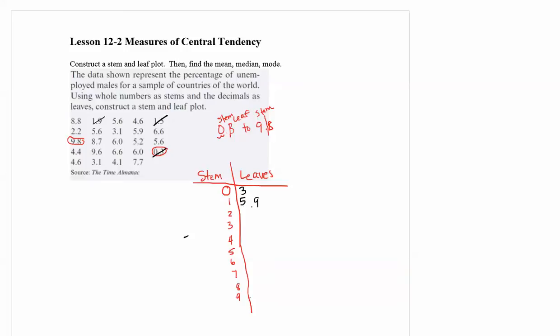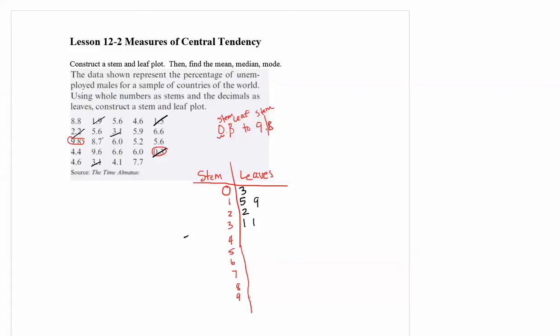Again, no decimals, no commas. Now I'm searching for 2 point something. I have a 2.2, and that's the only value there, so just put the leaf of 2. Now look for numbers with 3 point something, and we have 3.1, 3.1, and that's it. So that's a leaf of 1 and 1 again.